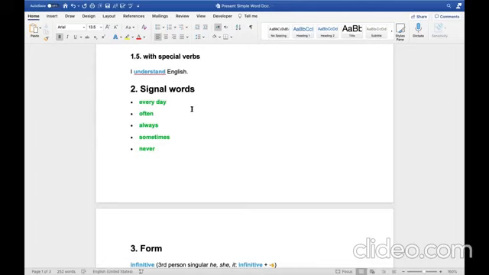However, I don't want you to memorize signal words by heart. I want you to understand them, to understand the sentence. عايزاكم تفهموا الجملة أكتر من إن إحنا نحفظ signal words. Like, for example, let me give you an example. In signal words مش لازم تشير للزمن.